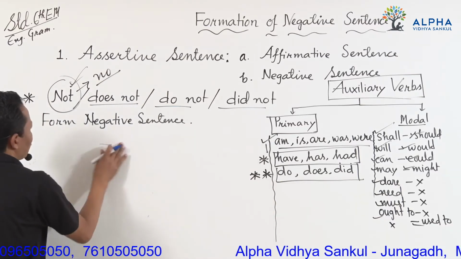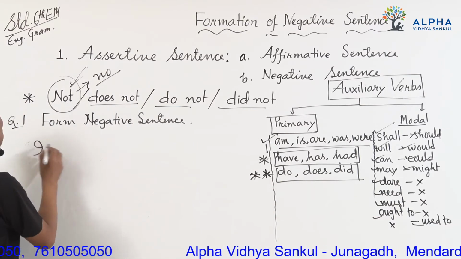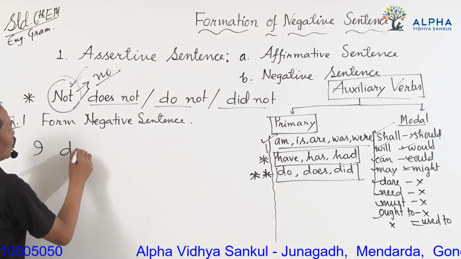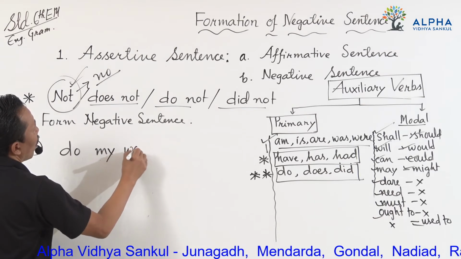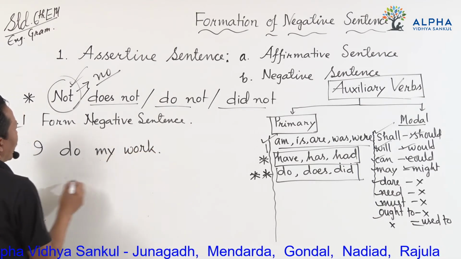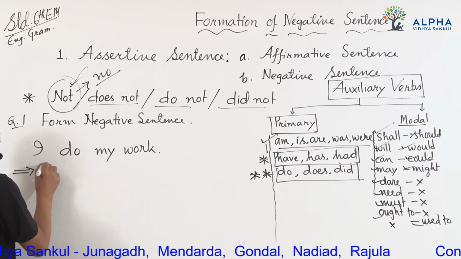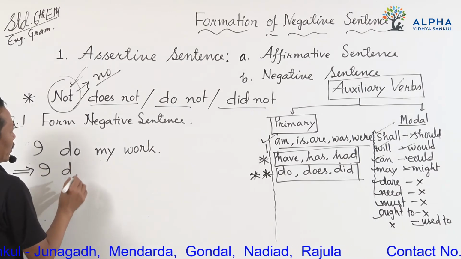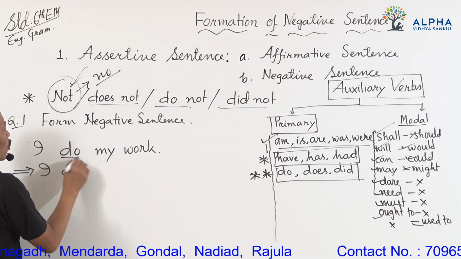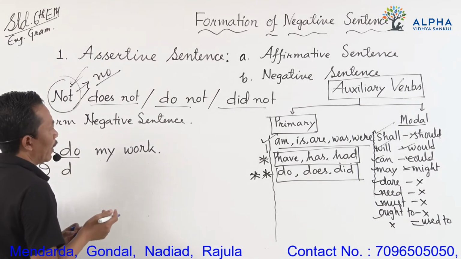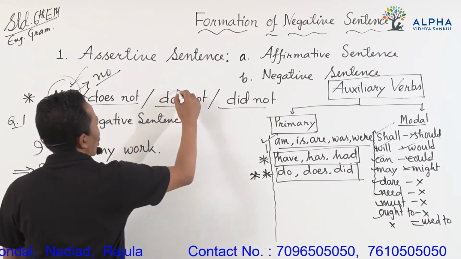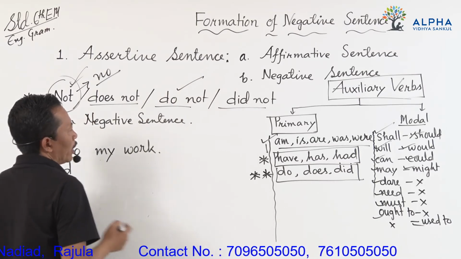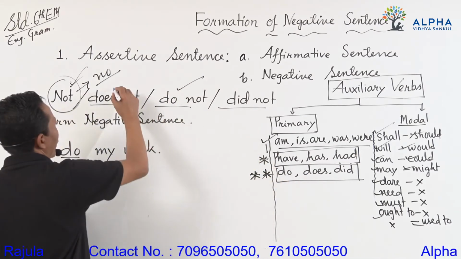For example, I do my work. If we want to change it, here it is do, then what will you do? We have to apply do not. If it is does, we have to apply does not.